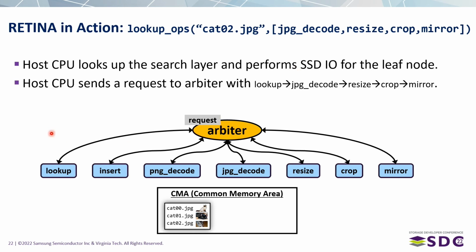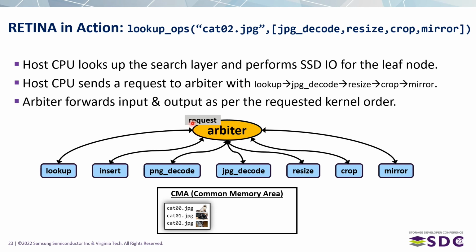Then the host will send the request to the arbiter, and the request will be lookup, JPEG decode, resize, crop and mirror operations. The arbiter will receive the request from the host, and it will first perform the lookup operation. After finishing the lookup, we will get the original cat image here. Then the arbiter keeps forwarding the request, following the original user request, and then we will have the final, pre-processed cat image.